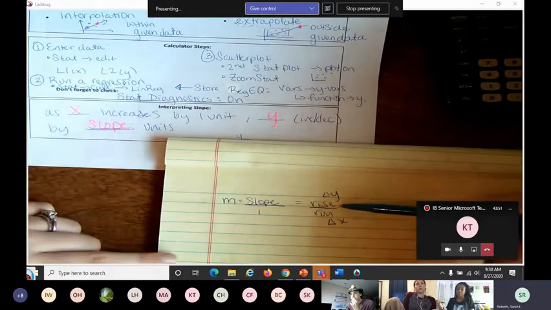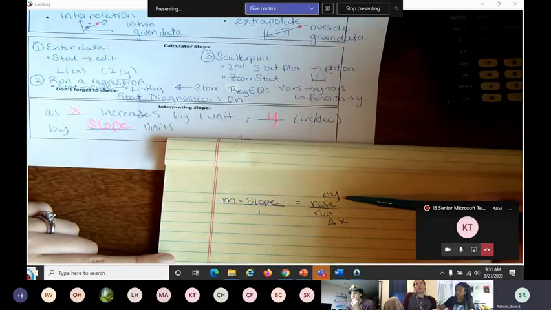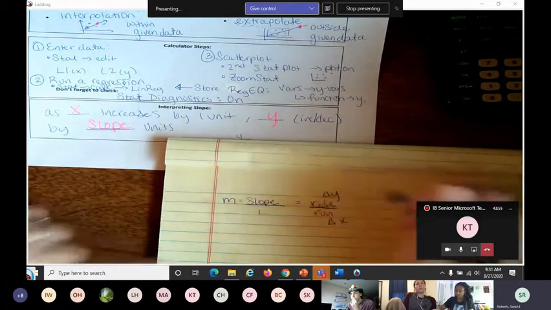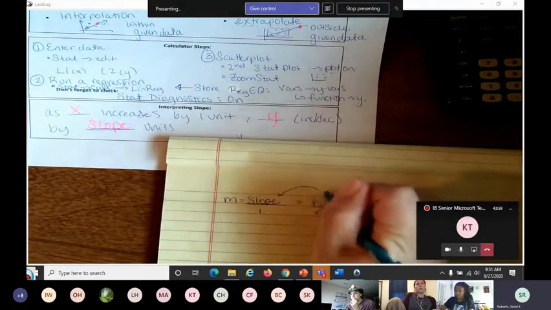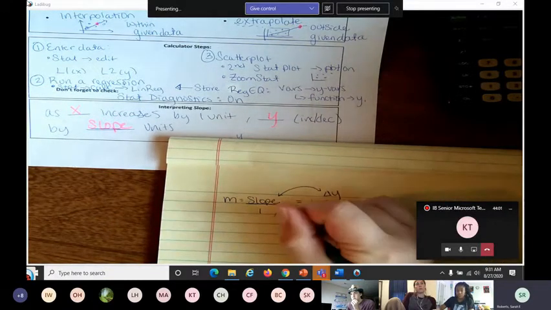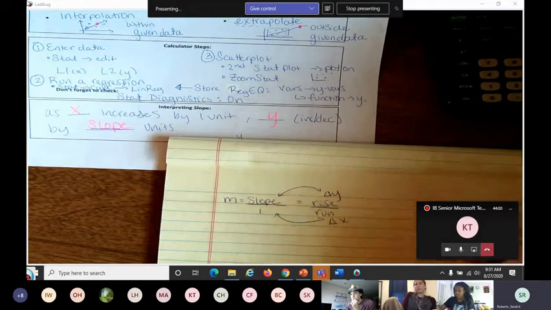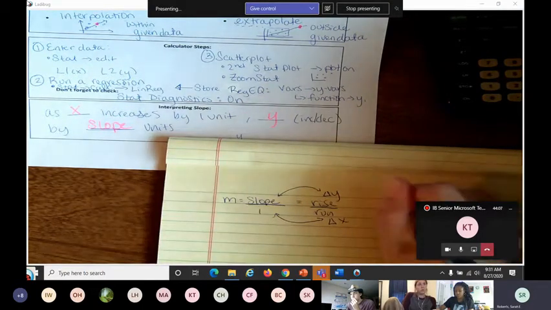So we know slope is rise over run. We have the changes in y over the changes in x. So the numerator is going to be our slope. Our change in x is going to be 1.